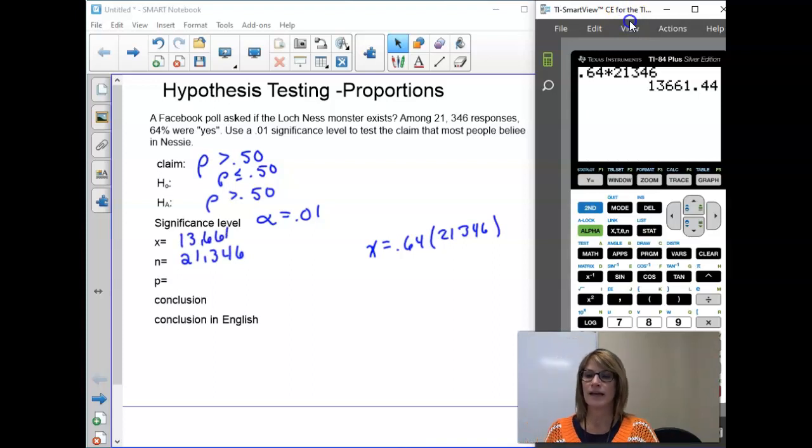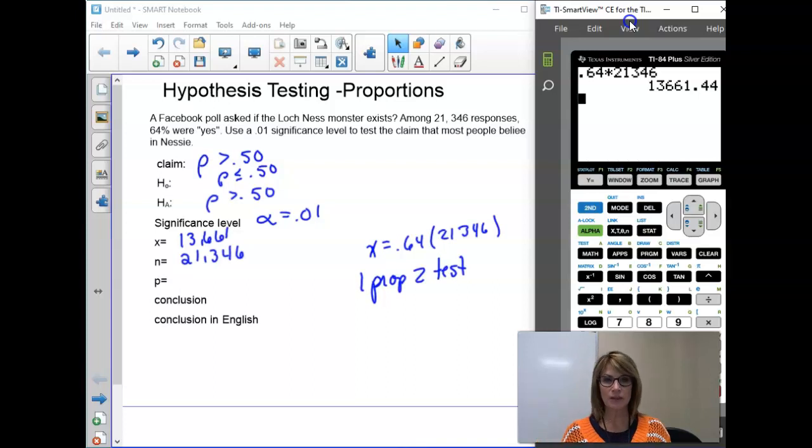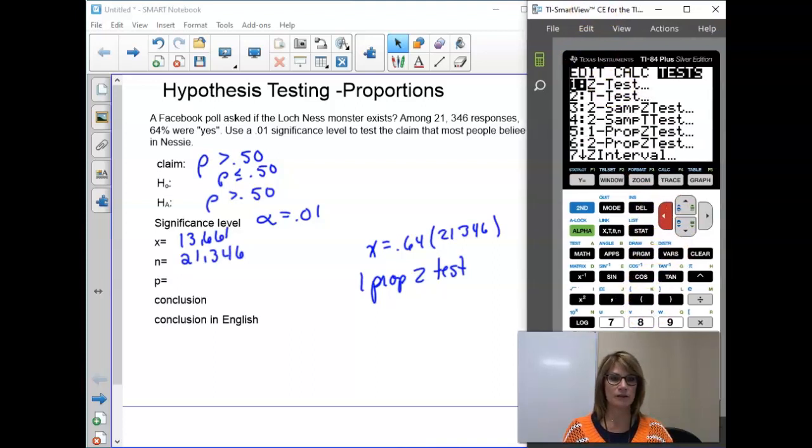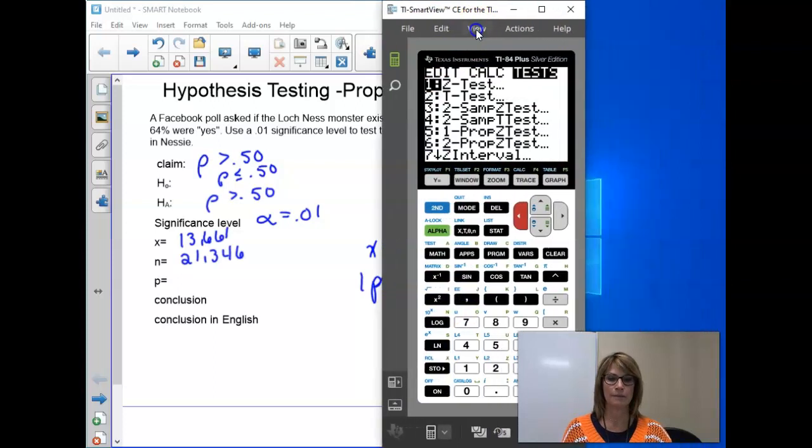Okay. And now we're going to do our test, and we are doing a one proportion z-test. Stat, test, let's see, I'm trying to make my calculator show up here too.